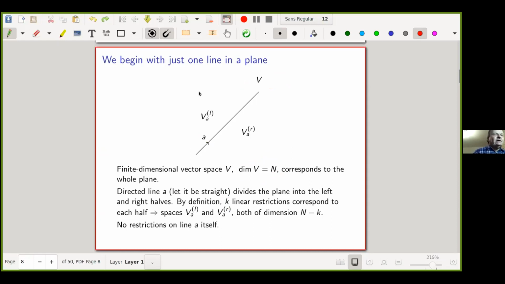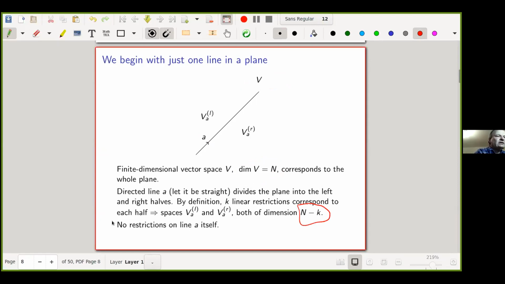If all linear restrictions are in general position, then we can say that to each half of this plane corresponds a space of dimension n minus k.